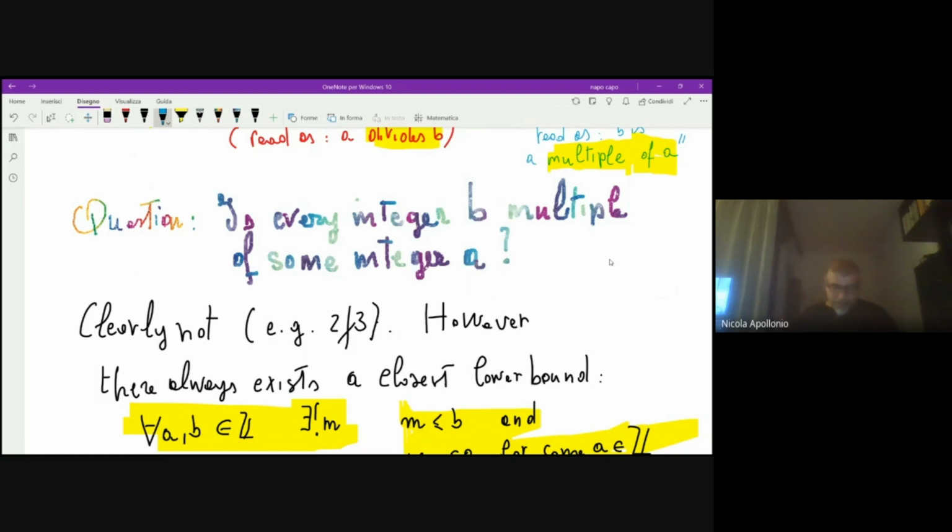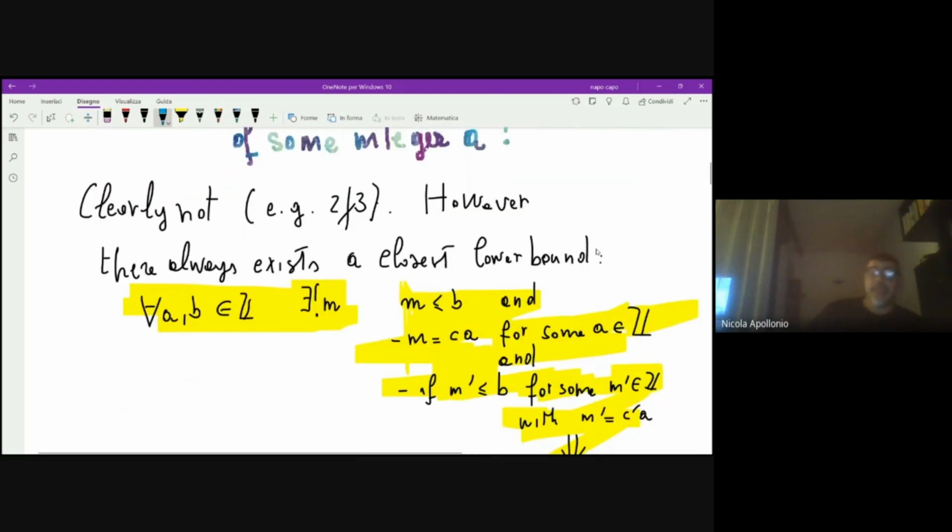We have an extremely powerful device, namely Euclidean division, which can be stated in the following way. For every pair of integers a and b in Z, there exists a unique integer m, which is exactly the closest lower bound to b from below.